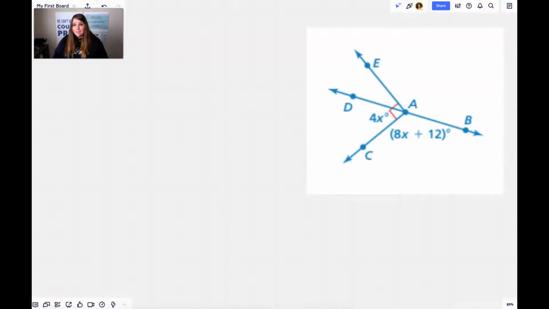Okay, so EAB. So here's E. Here's A. Remember, A is in the middle. And then here is B. Okay, so we can use some information here to help us find E, A, and B. Now, we can use information from this side over here to help us find E, A, B.